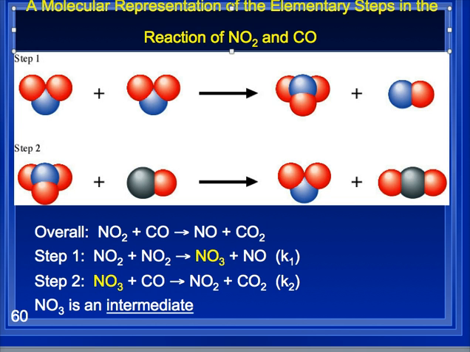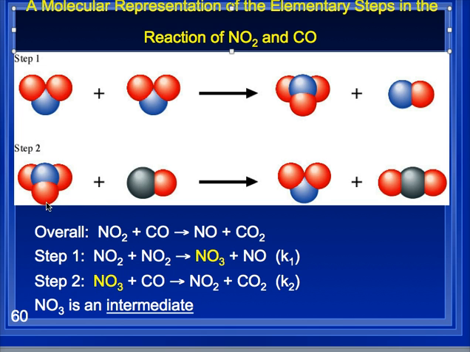Looking at the reaction of nitrogen dioxide with carbon monoxide, you see here two different steps in the mechanism represented on a molecular level. So we have a nitrogen dioxide reacts with a second nitrogen dioxide, forming NO3 and NO, followed by the nitrogen trioxide.